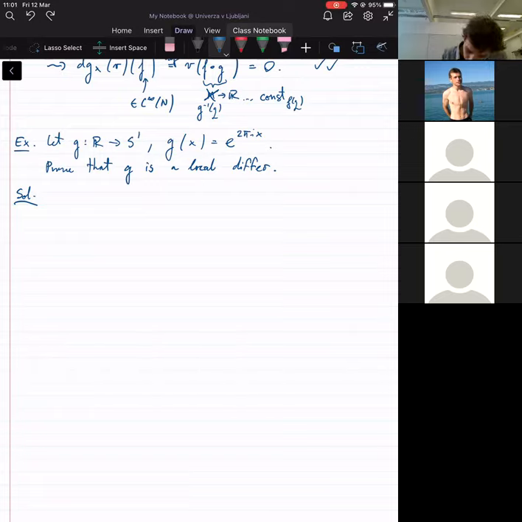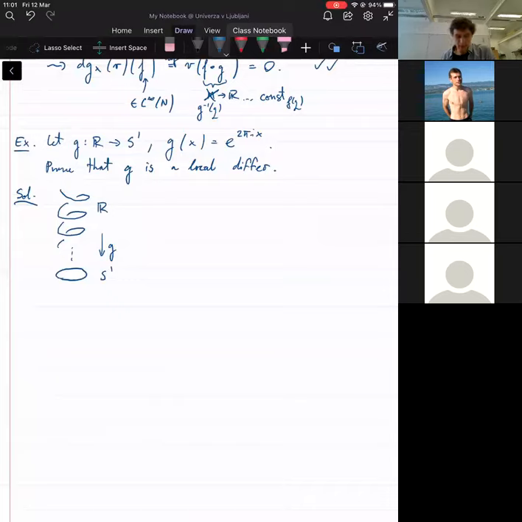So first of all, let's draw a sketch that everyone always draws when considering this map. This is essentially what we're doing, okay? This is R, and here we have g and S^1. So that's how it should be envisioned.